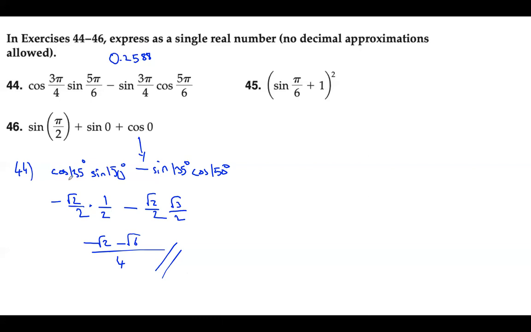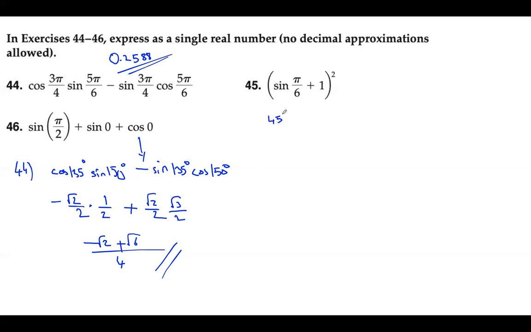Let me see cosine is. Oh, I see it now. Cosine 150 in the second quadrant, cosine is negative. So if you put here negative, it will be positive. So I need to make this sign positive. Okay. Let me try one more time. Make the sign positive. Okay. So the calculator says 0.2588. It is the same as the first solution we found. So this is also true.